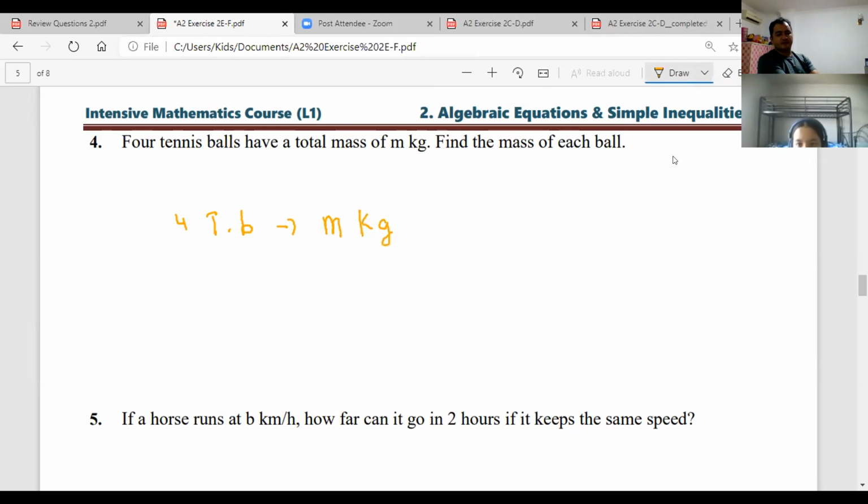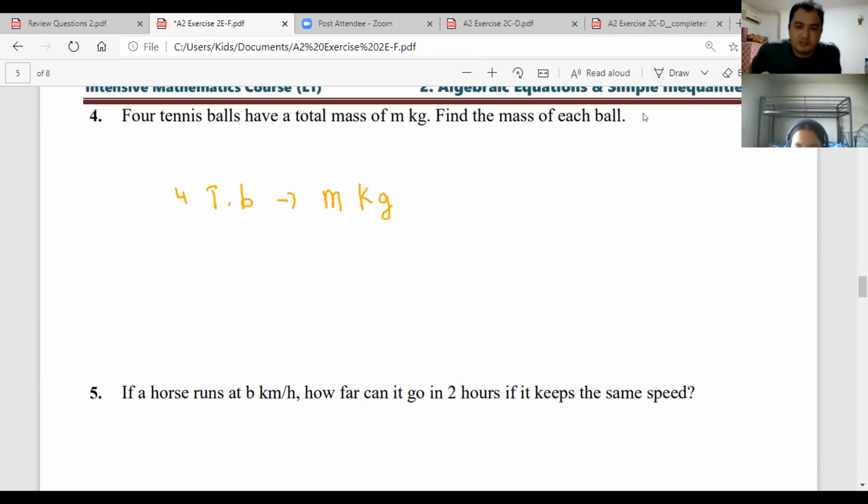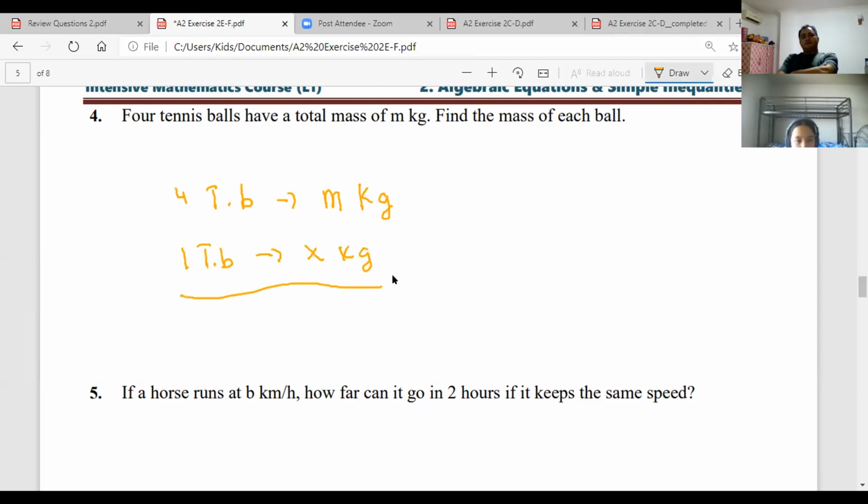Okay, good. So now the question is the mass of each ball. So let's say 1 t.b. we don't know, so it is x kg. So we need to find x. Draw a line and cross multiply. That's 4x, right?